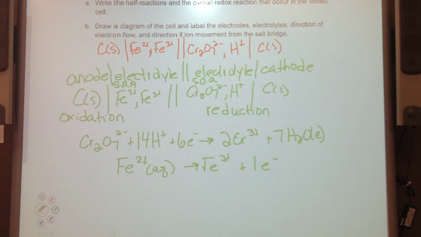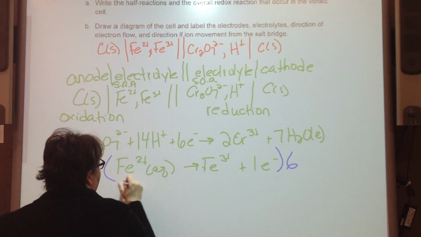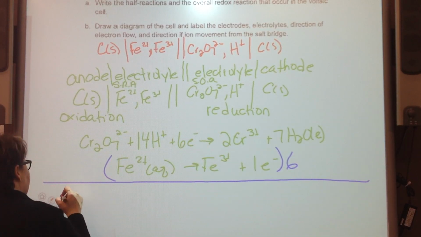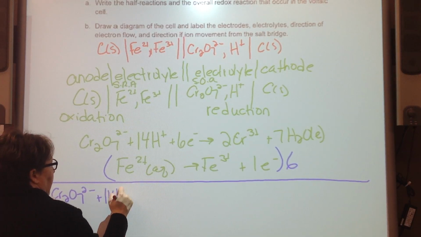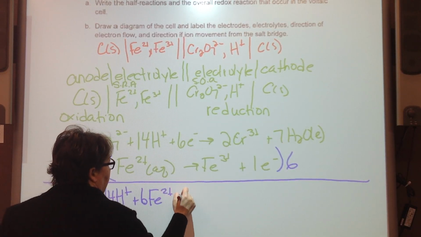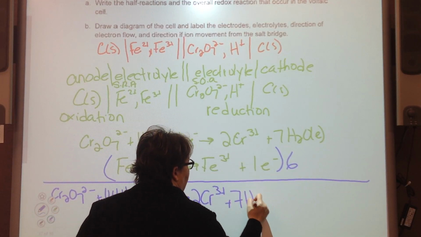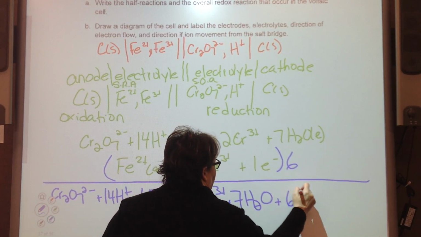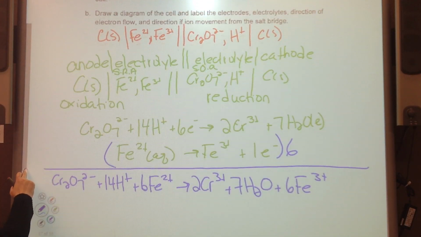I multiply the bottom by 6. Okay, that's our overall balanced reaction.